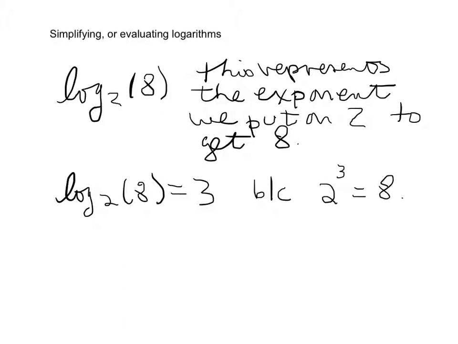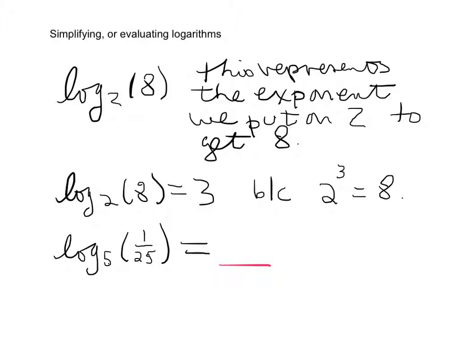So let's look at one more. Suppose we ask ourselves, what is log base 5 of 1 over 25? What we're asking here is, what power do I raise 5 to get 1 over 25?